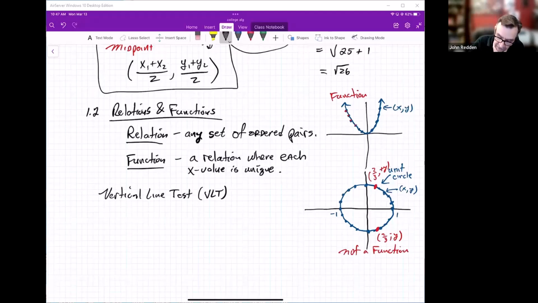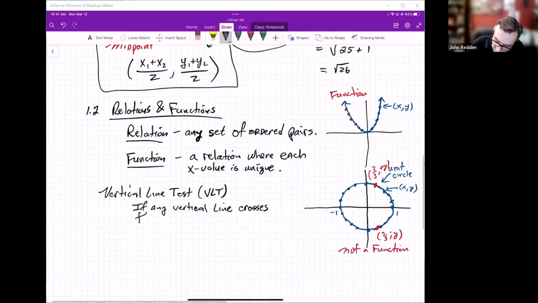Okay, so if any vertical line crosses the relation more than once, then it is not a function.